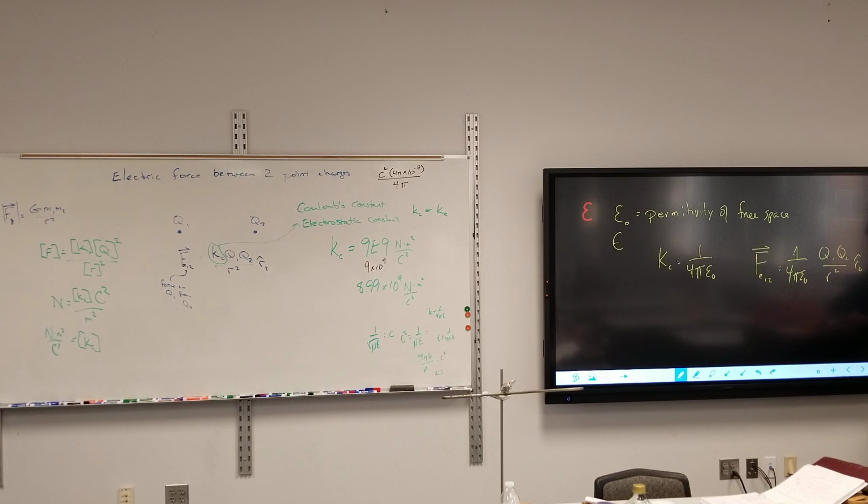I just find writing the k easier than writing this. At some point, we will shift to this because it will become a more important concept to deal with. Questions?